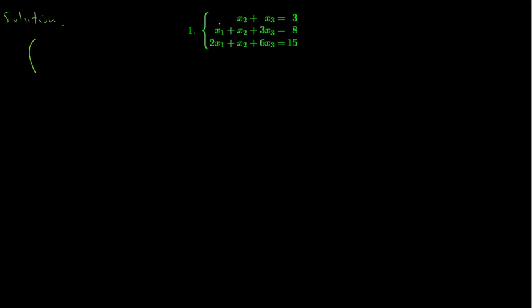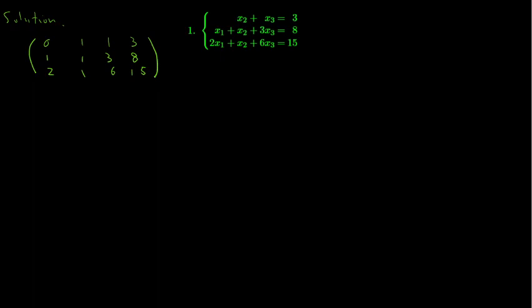Anybody want to tell me the first row very quickly? 0, 1, 1, 3 is the first row. The second row, I think, is 1, 1, 3, 8. The third row is 2, 1, 6, 15. Now let's recall the term.